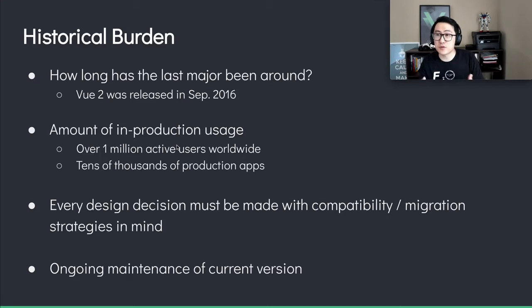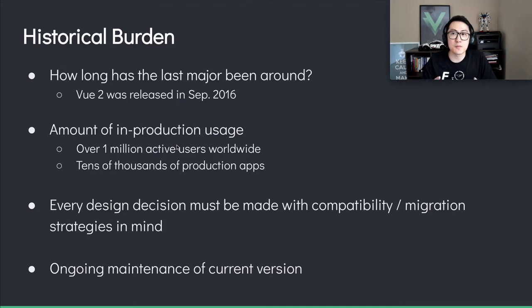And the amount of in-production usage. We have over 1 million users worldwide. There are tens of thousands of production apps using Vue. So how would you want them to migrate, and how? This is a very delicate balance, right? If you break too much, they'll probably never upgrade.